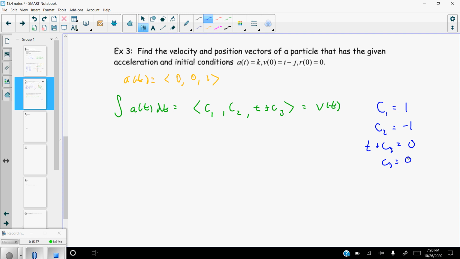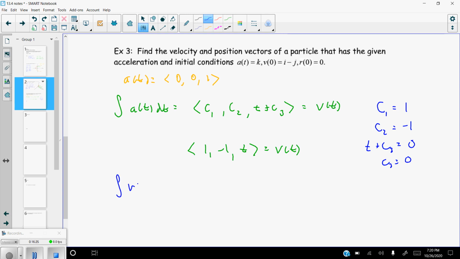So now we actually can write our velocity function at this specific initial condition, which is going to be 1, -1, and then t. Okay, that's the velocity function for our given initial condition. But we also want to find the position vector, which means we're going to integrate this one. So let's go with blue.